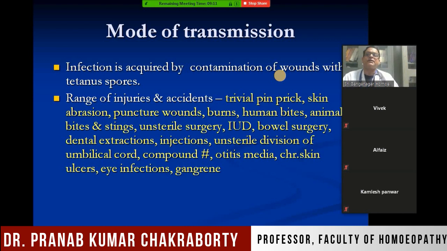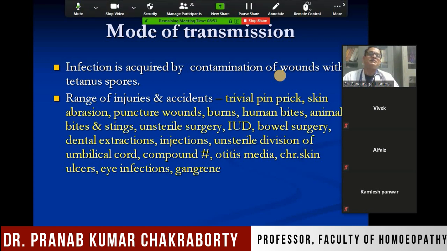It is very important. Trivial pinprick, skin abrasions, puncture wounds, burns, human bites, it is even found in saliva. Animal saliva also, and that is how human bites can cause tetanus.